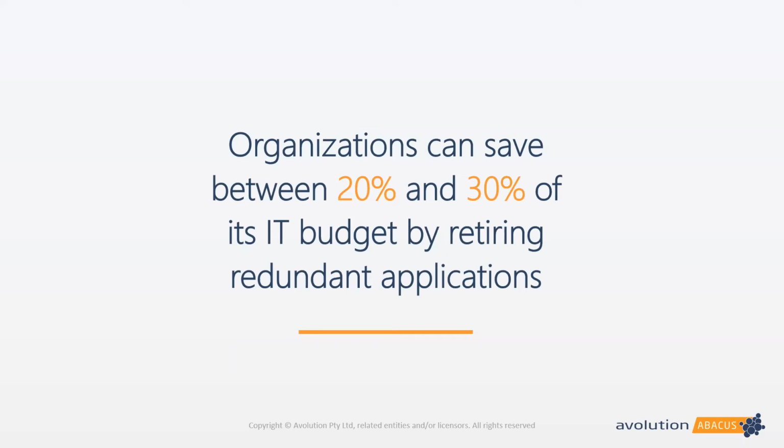However, by effectively rationalizing applications, you can make significant savings, going back to reducing the dollar value. A recent survey has found that the average global company can save between 20 and 30% of its IT budget by retiring redundant applications. That's not taking into account any forms of process, capability or human investment, purely from applications being retired that we no longer use. That's a huge saving.